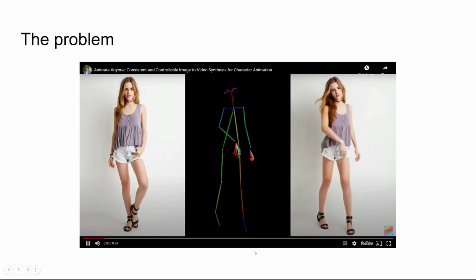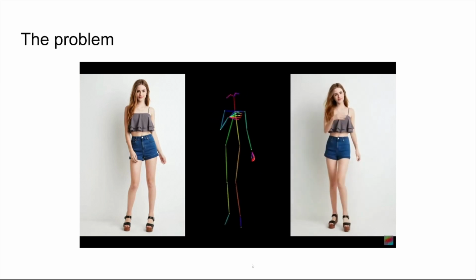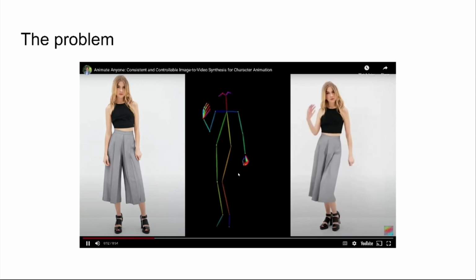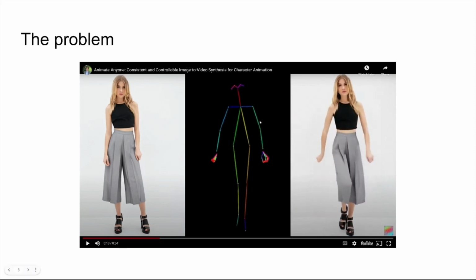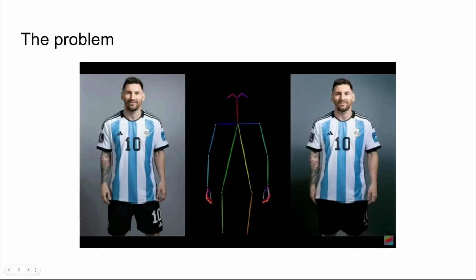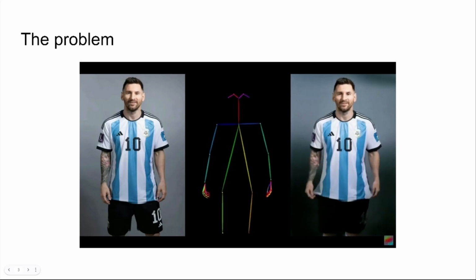You see the skeleton of the human moving, and on the right is the result. So we have a moving skeleton, and how do we generate a video that has the same motion sequence but the identity of the input image? This is the problem that the Animate 21 and Champ papers try to solve.